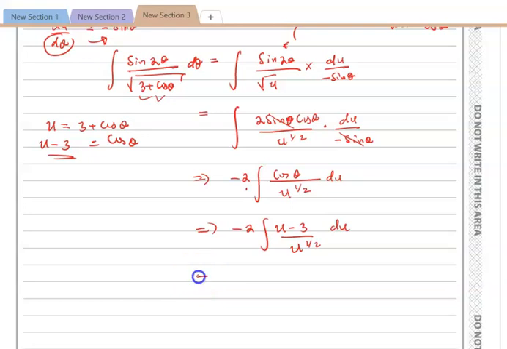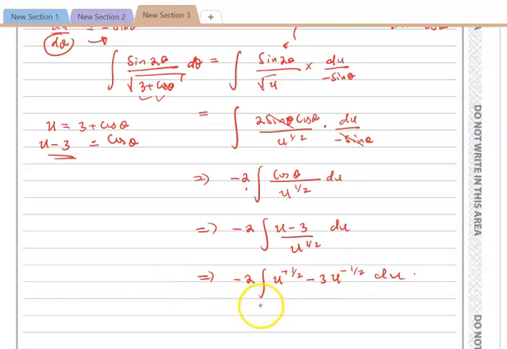I simplify your equation, so you have minus 2 times the integral of u to the power of a half, minus 3 u to the power of negative a half, du.